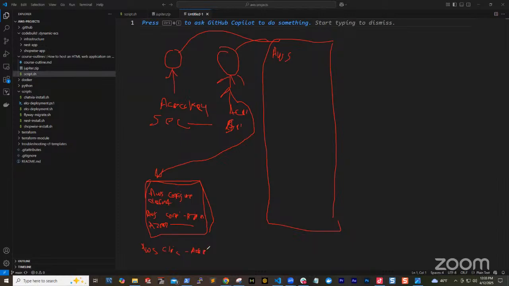So that's how the CLI will know it is this credential you want to use. Does that make sense? Yes. Okay. So that's one use case of it. The profile is how you configure multiple users' credentials on your computer.